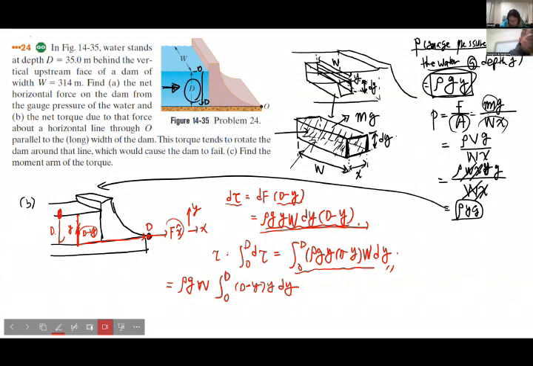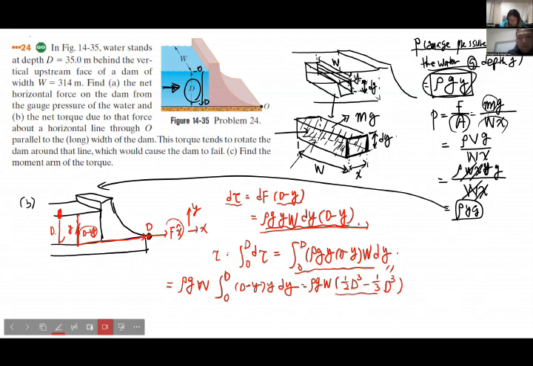So from that, if you do the integral of this formula, then that should be rho g W times 1 over D cubic minus 1 over 3 D cubic D, okay?